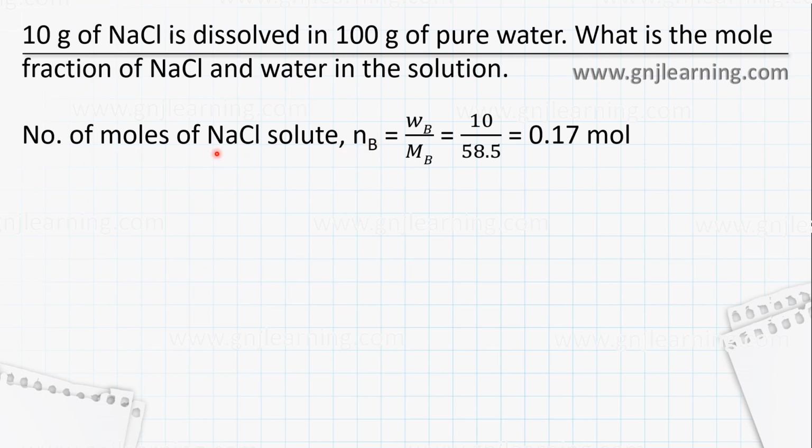So number of moles of NaCl solute, Nb, is equal to mass of B divided by molar mass. This is what we have learned in previous parts. Number of moles is equal to mass divided by molar mass. Since it is of B, we always give that subscript B. So W is given, that is 10 gram, and molar mass of sodium chloride, you just add the atomic mass of sodium and chlorine, that is 23 plus 35.5.